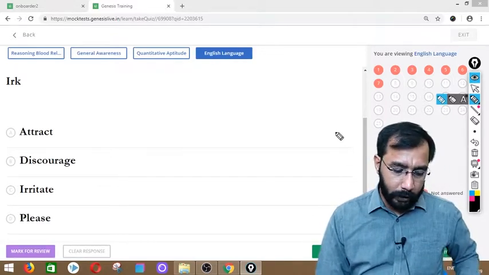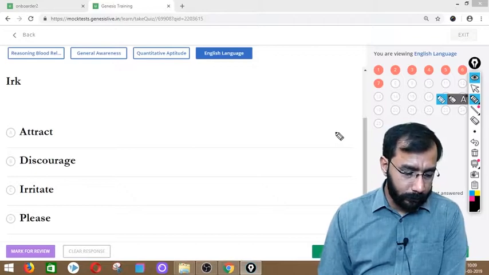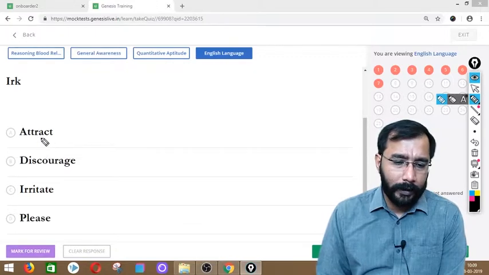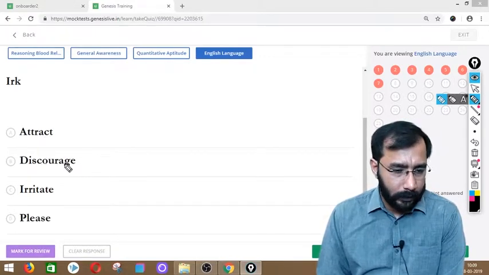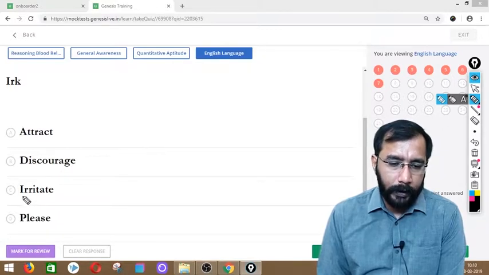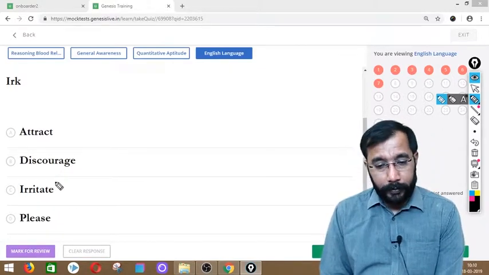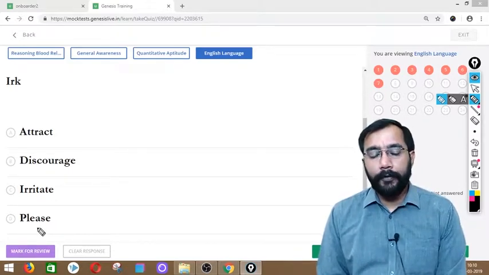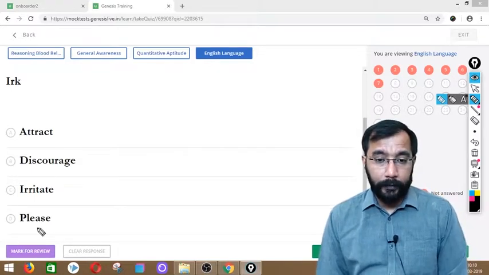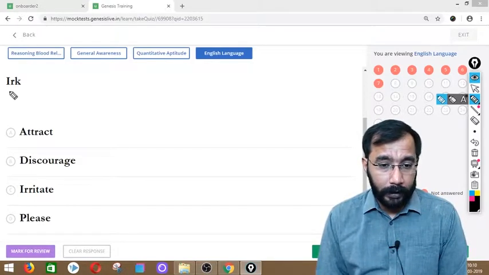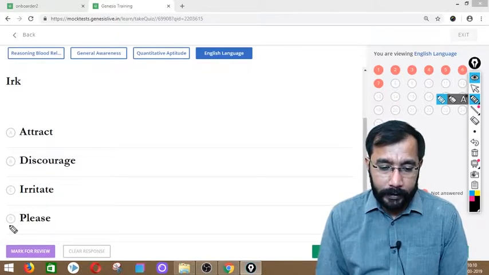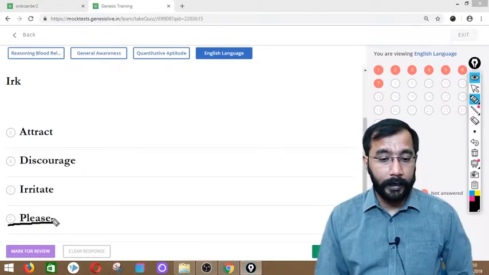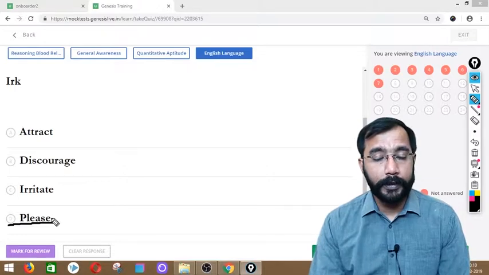So if they want the opposite meaning for irking someone, to attract is not it, discourage is not the opposite of irritating, to irritate is not the actual opposite meaning. The actual opposite meaning is please. For this particular question, we need to find the antonym for the given word. The given word is irk, and the opposite meaning is please. You please someone, or you irritate someone, or you irk someone. So the right answer for this question is please.